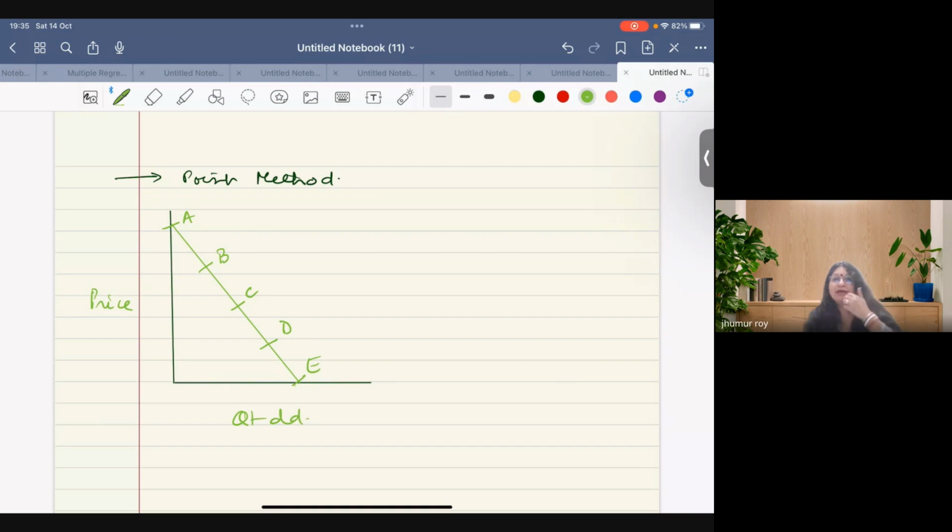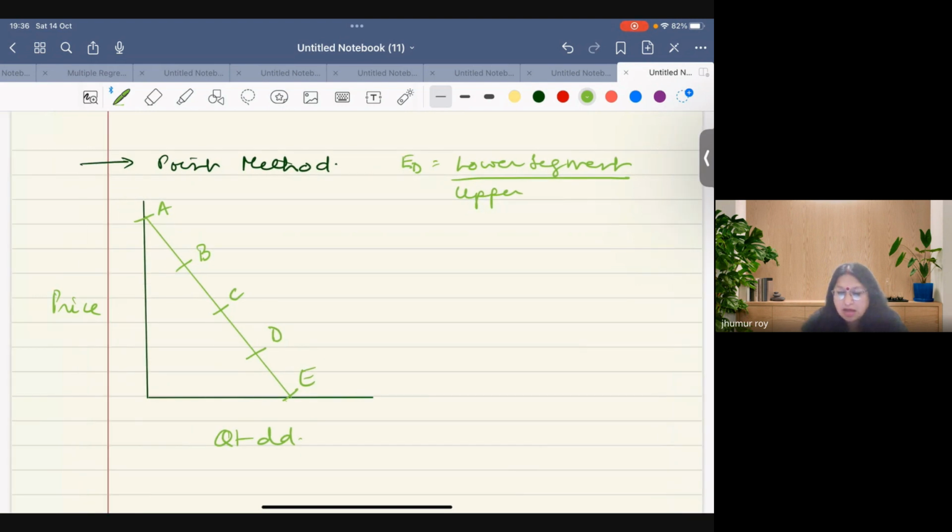Now we are saying that at every point of the curve, the elasticity of demand is different. How do we calculate it? In this case, the formula that we use is elasticity of demand is equal to lower segment upon upper segment.